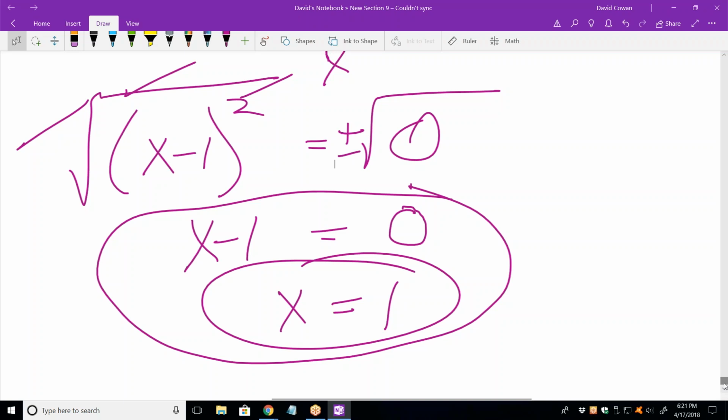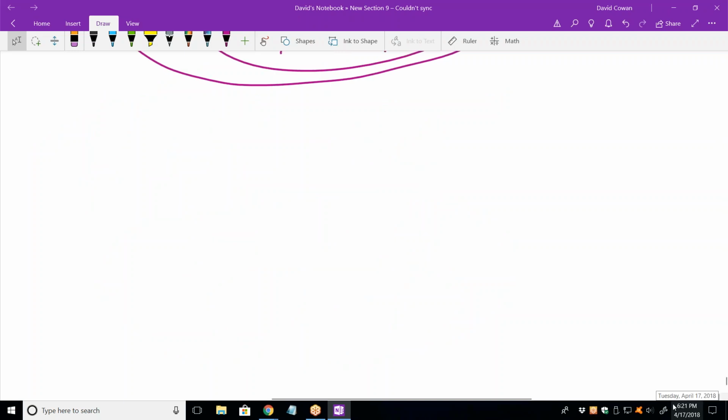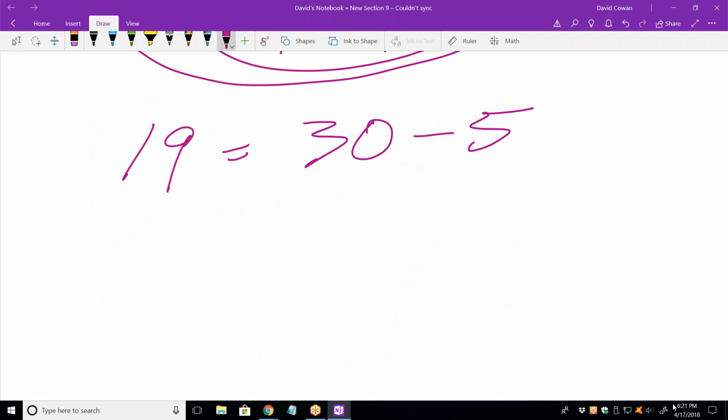And then 19 equals 30 minus 5x squared. What's the next thing to do here? You would subtract 19 from both sides?